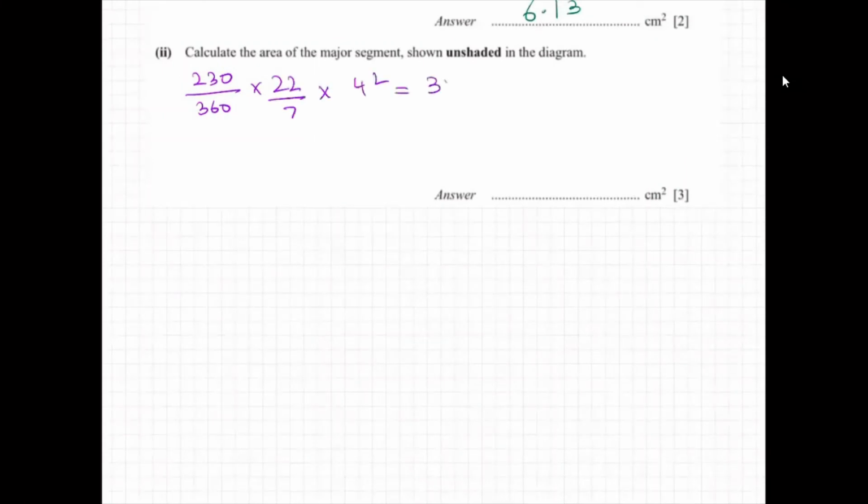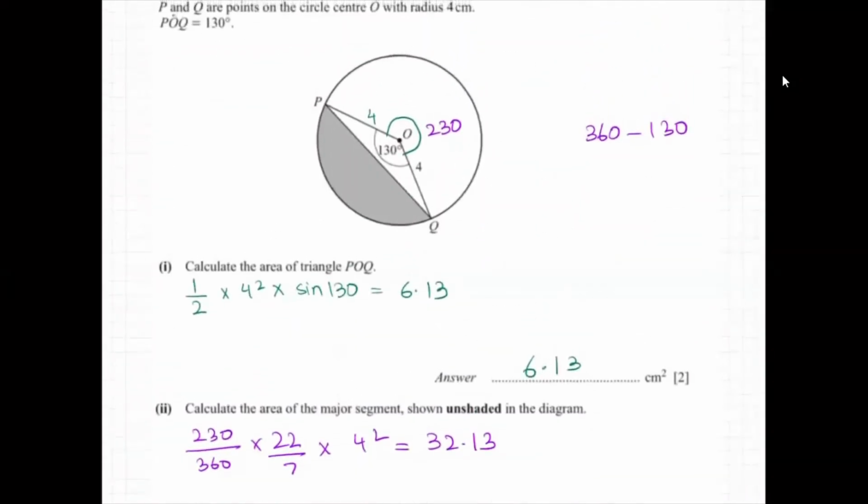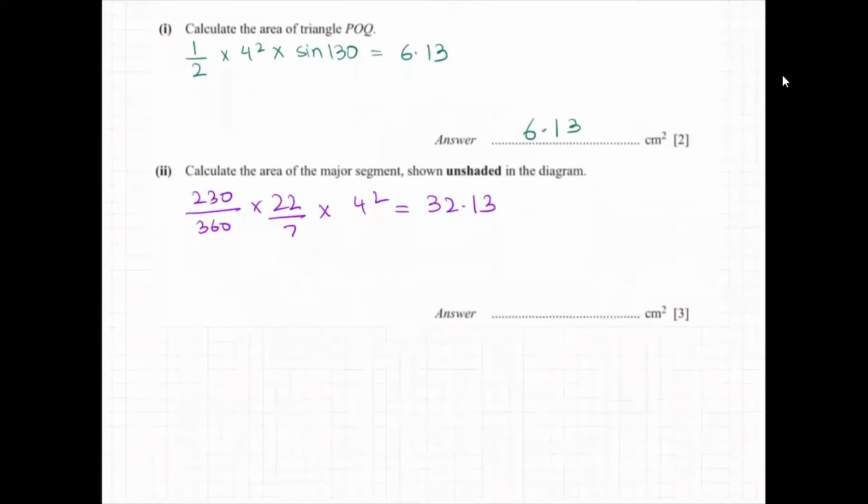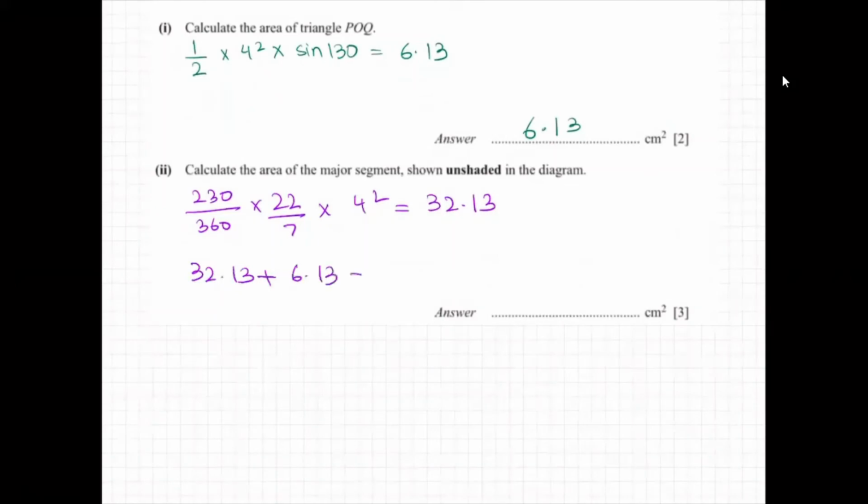My answer is 32.13. Now I have to add this to the area that I calculated earlier. So 32.13 plus 6.13 is equal to 38.26. I'm rounding it off to 38.3 centimeters square.